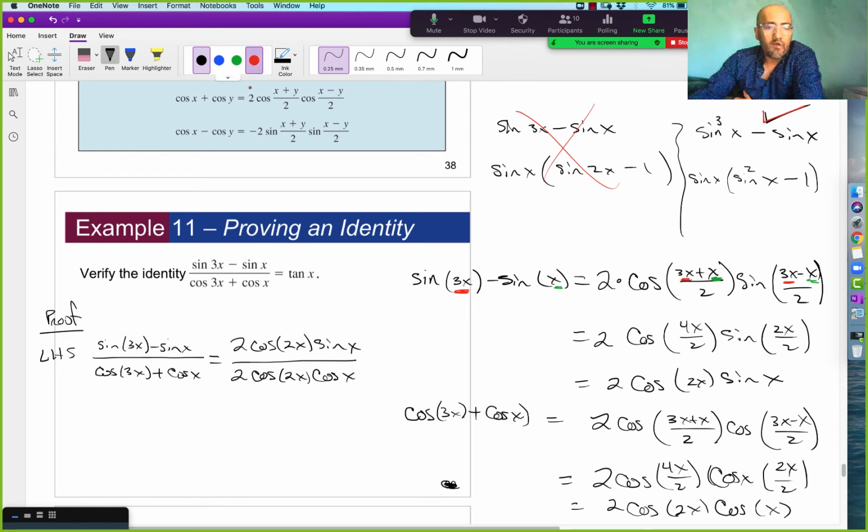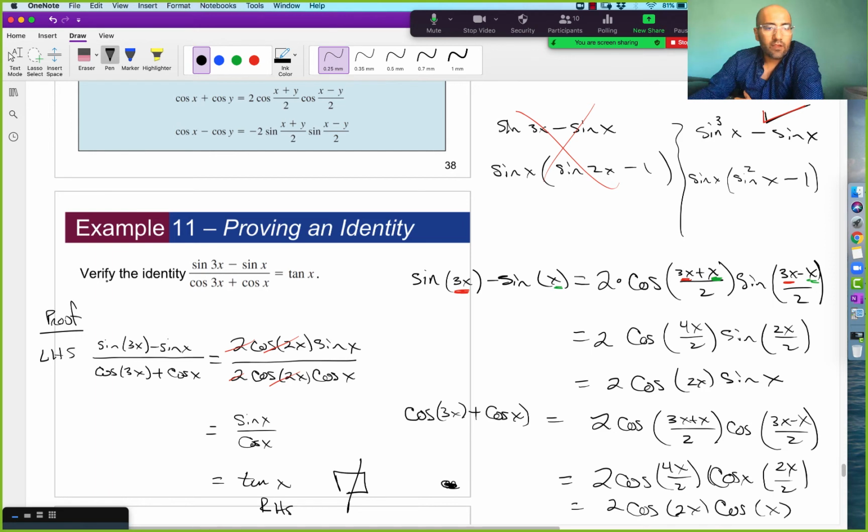All of this stuff cancels. Bam, bam, bam, bam. And over here, we end up with sine x over cosine x, which is equal to tangent x, and then you're done. Right? You started with the left-hand side, and you ended up with the right-hand side, and you've done yourself a nice formal proof.